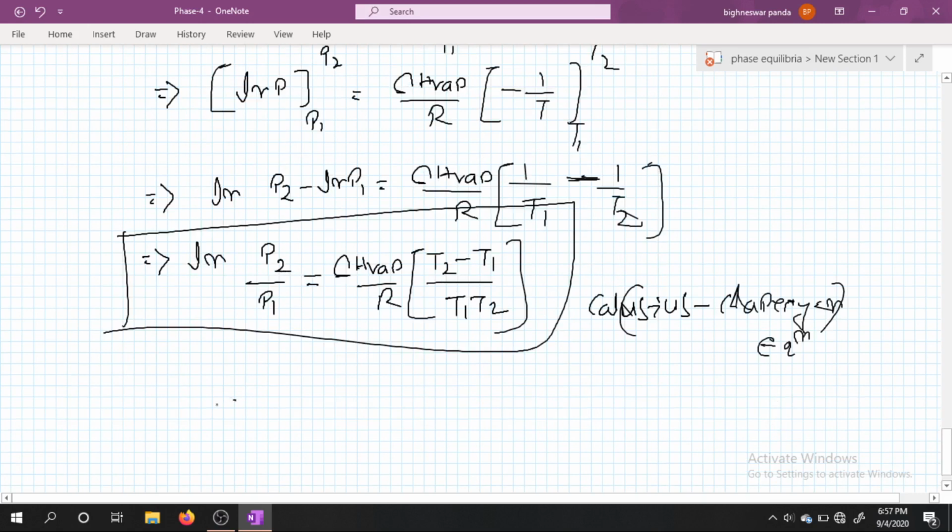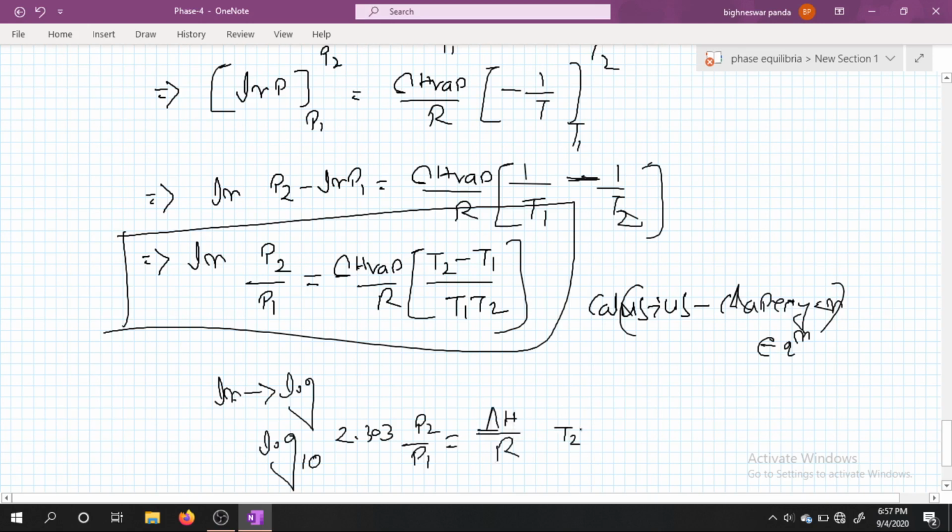By changing ln to log, I can put here log base 10, 2.303 log P2 by P1 equal to delta H by R into T2 minus T1 by T1 T2.